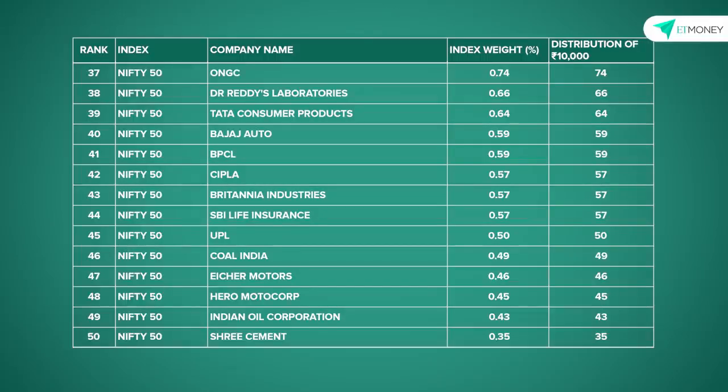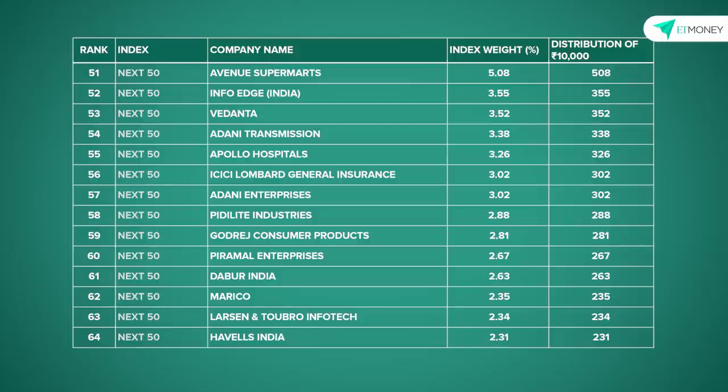Now let's look at the other 10,000 rupees that we invested in a Nifty Next 50 index fund. In this case, the company with the highest weight is Avenue Supermarts. So 5.08% of 10,000 comes to 508 rupees, and that's where the complexity is. You see, Shree Cement is the 50th ranked company, which effectively gets 35 rupees of the overall 20,000 rupees that we have invested.